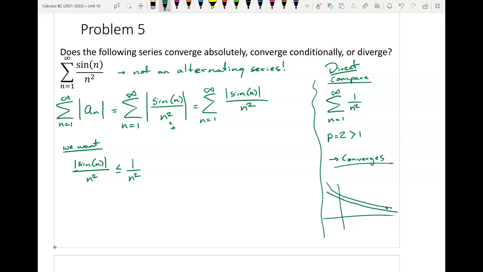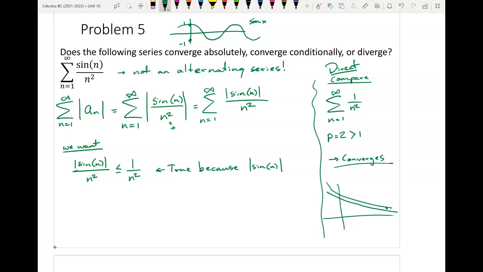Well, I could do some cross multiplying and different things, but something that we could actually look at, we can say yes, this is true, because if we think about the graph of sine of x, it bounces back and forth between 1 and negative 1, right?